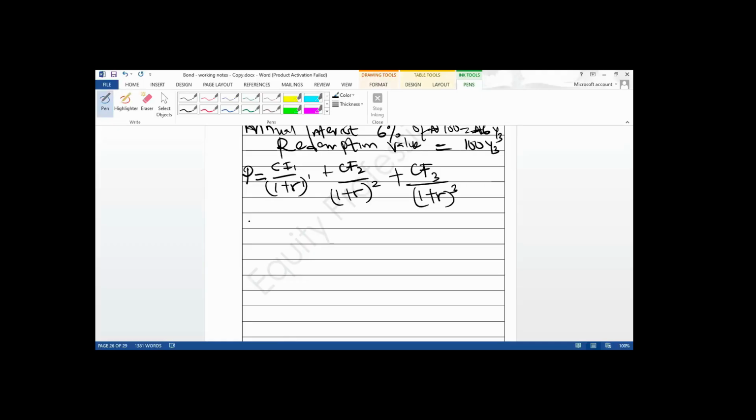Our P, year one. Annual interest for year one, 6 naira, divided by 1 plus R in year one.